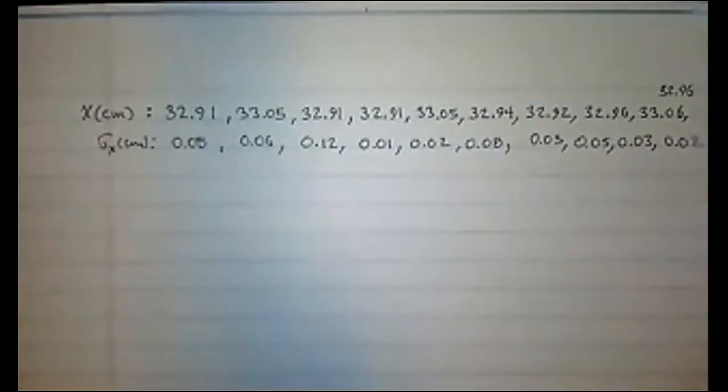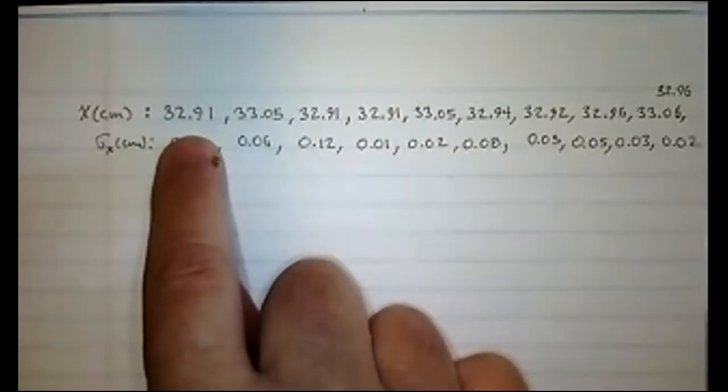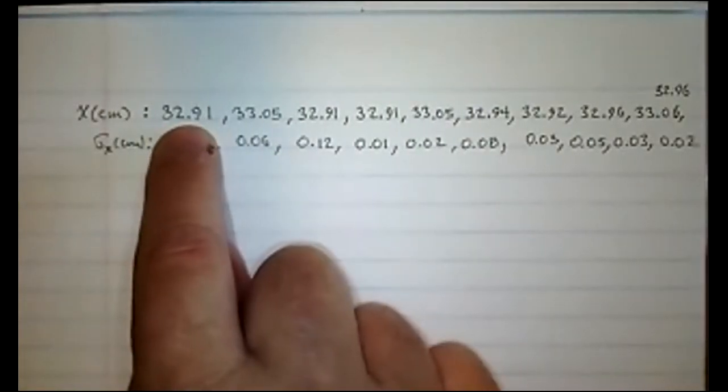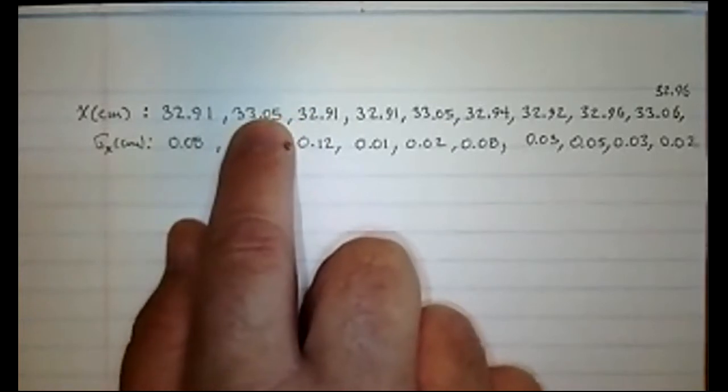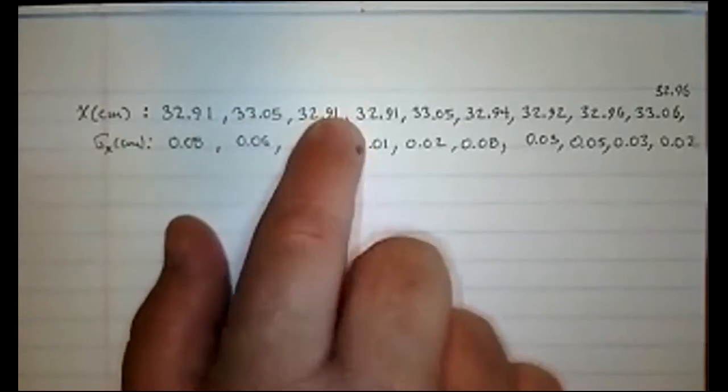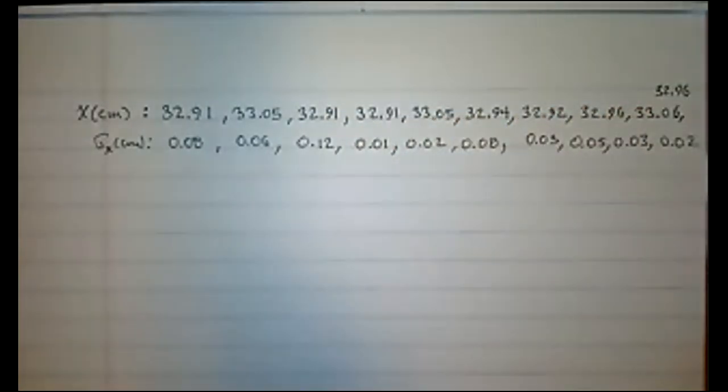Now, what I could imagine this as is me taking a measurement of X and determining it to be 32.91 centimeters, and then me taking another measurement and determining it to be 33.05, and 32.91, and 32.94, all these, and there are 10 different data values there.